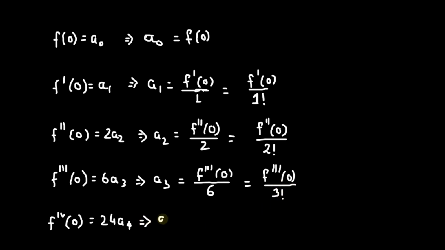And for a4 we have the fourth derivative of f calculated at x equals 0 divided by 24, which is 4 factorial.